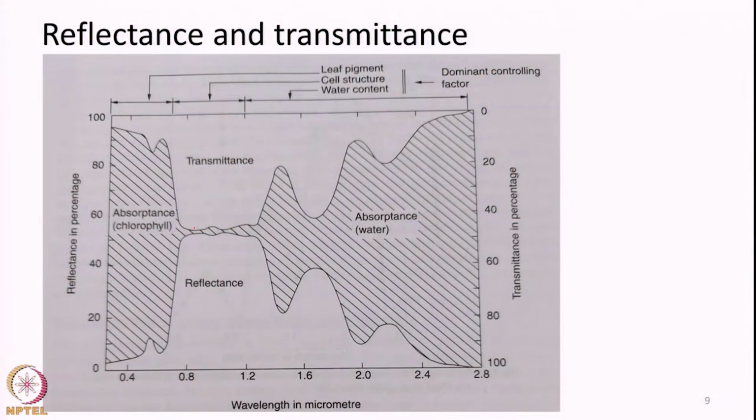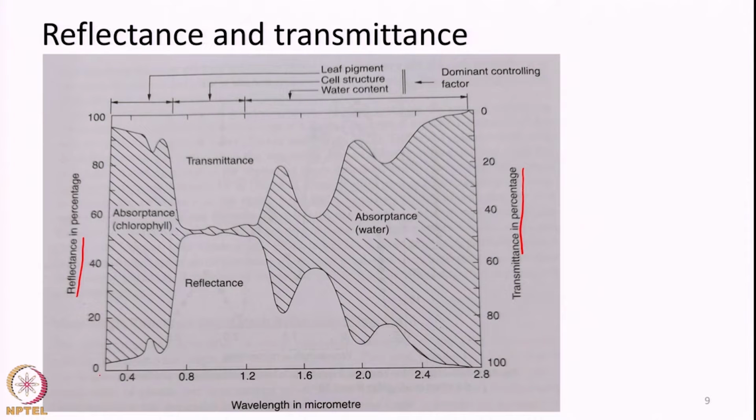Coming back to the general reflectance and transmittance characteristics of a leaf, we will look at this particular figure in the slide. Here, on the left side of the axis we have reflectance, and on the right side, the secondary y axis, we have transmittance.